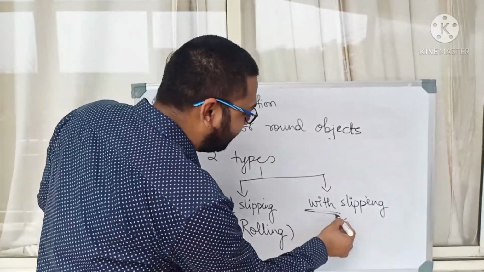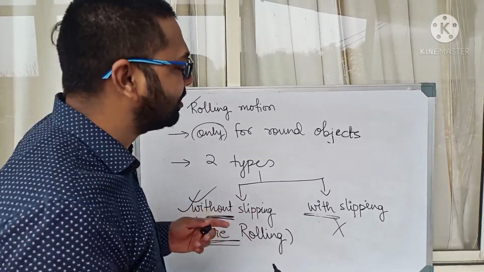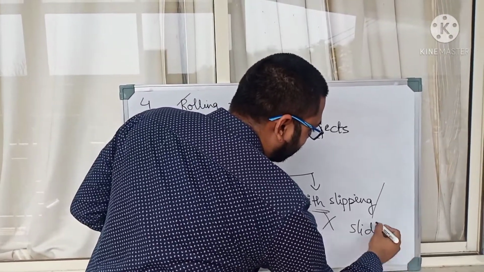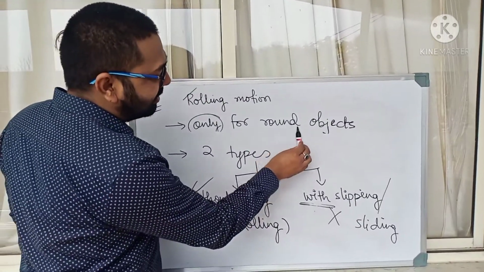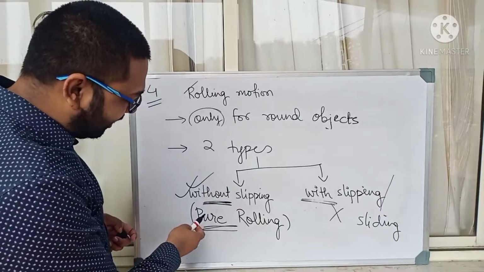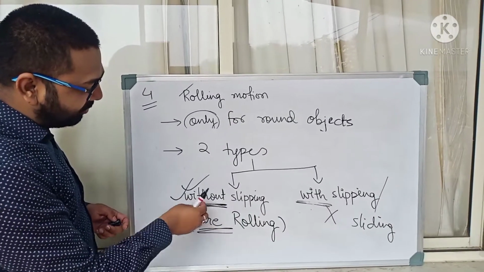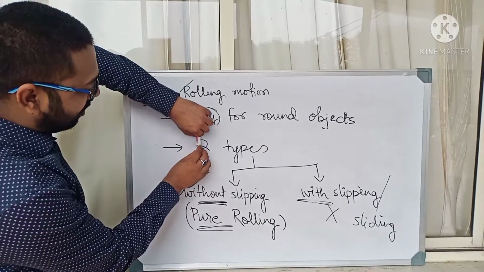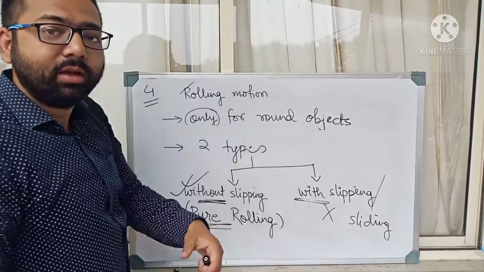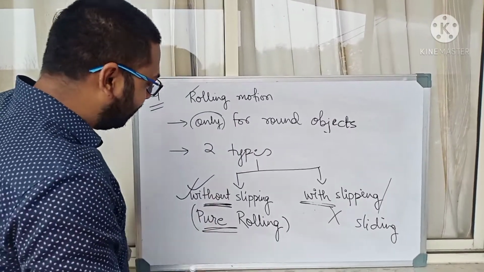This is with slipping, sliding or slipping. But this pure rolling is without slipping. There is no slippage, no sliding. It is just going. So let us try to understand this difference.